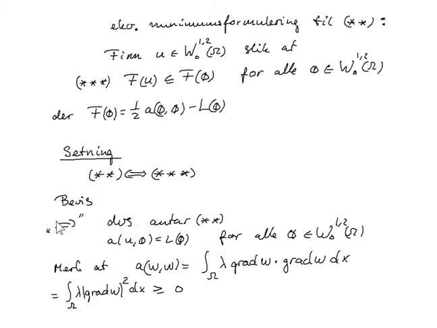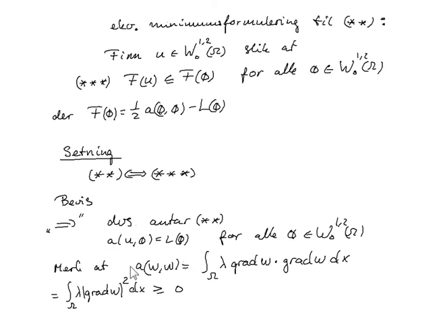So let's start with this implication. That is, we assume double star: that we have found some U which has the property that A of U, phi is equal to L of phi for all phi element in W0.